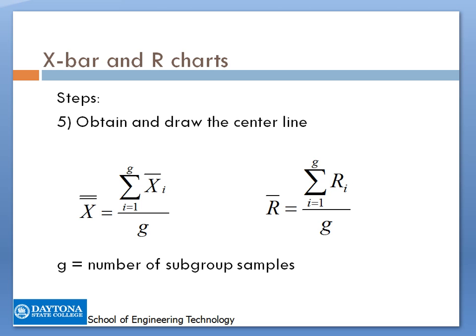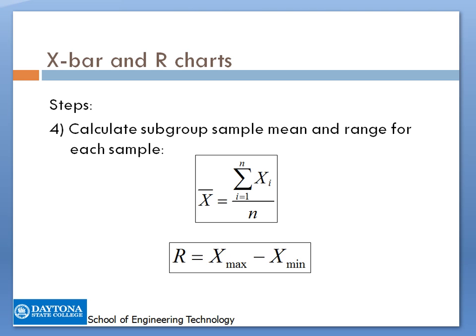Once you have collected these different subgroup of samples, you now have to calculate the subgroup sample mean and range for each sample. So if you have 20 subgroup samples, you must calculate 20 subgroup sample means and 20 ranges for those subgroup samples.